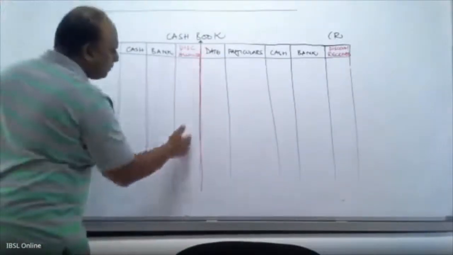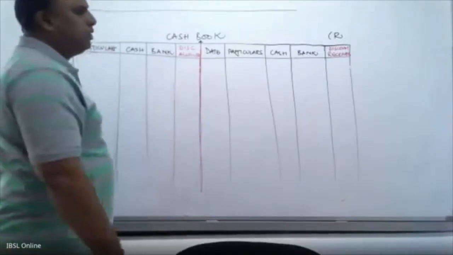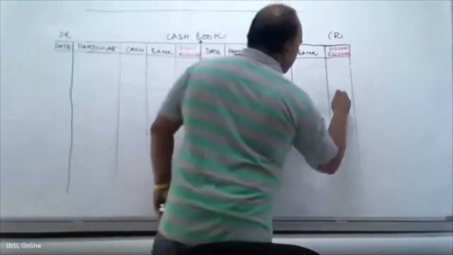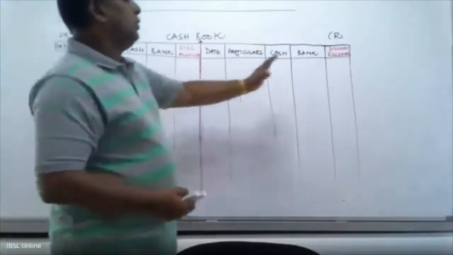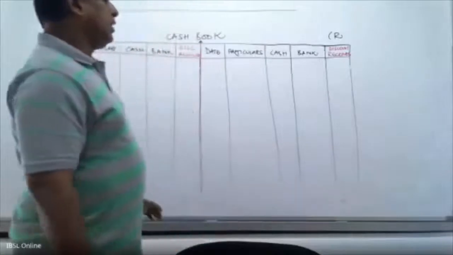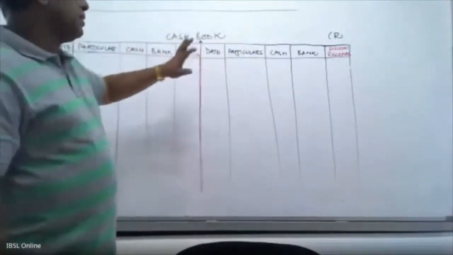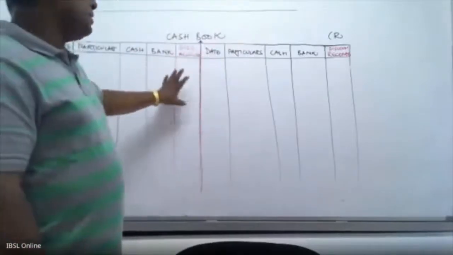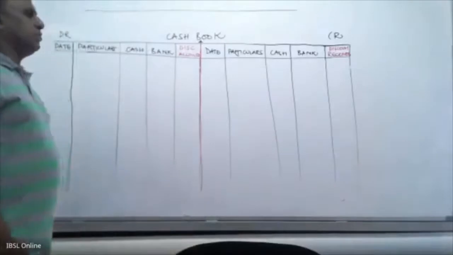Sometimes you might receive discounts, sometimes you might allow discounts. So the important thing here is whether you receive or allow. Depending on that, you will do it. But again, this is at the time of cash payments. So basically these two columns relate to cash discounts.